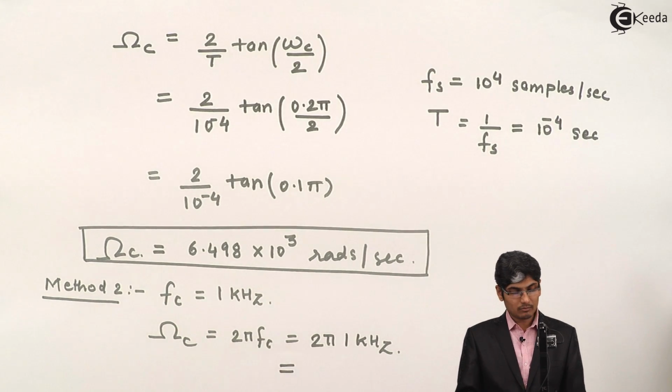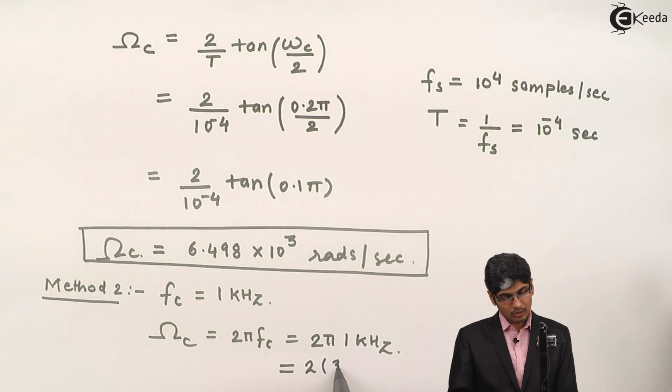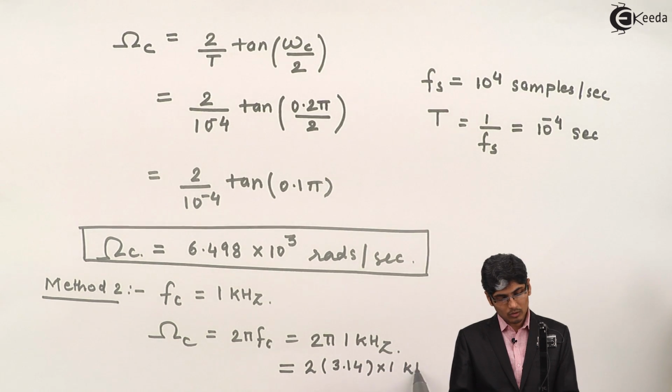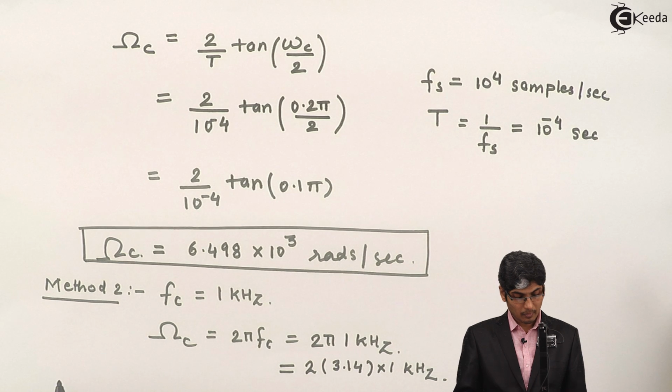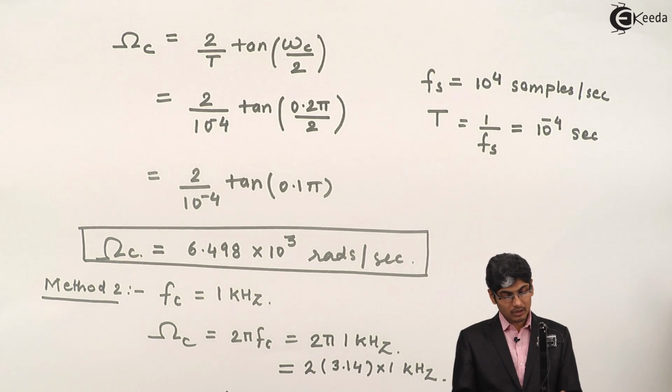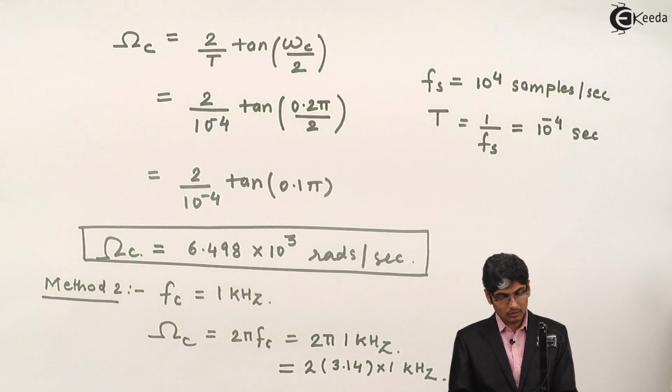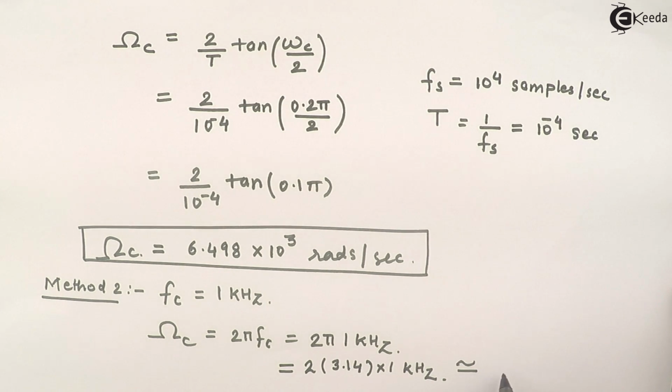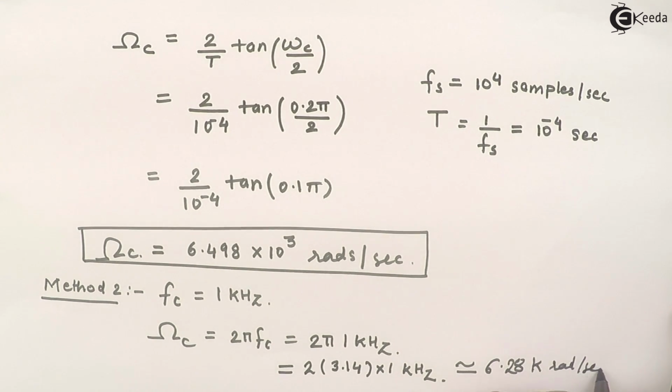That will roughly come to this value only, because 3.14 is an approximated value, so it will give approximately 6.28 kilo radians per second.